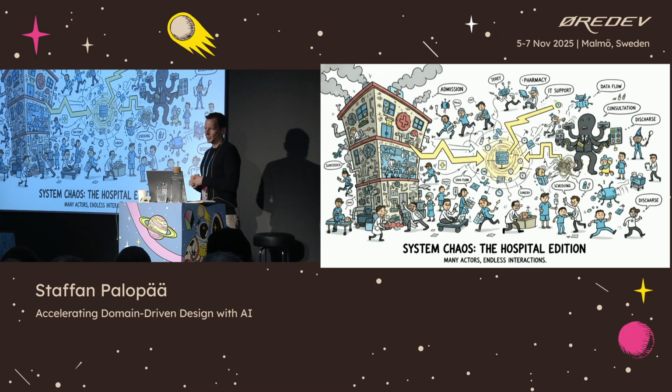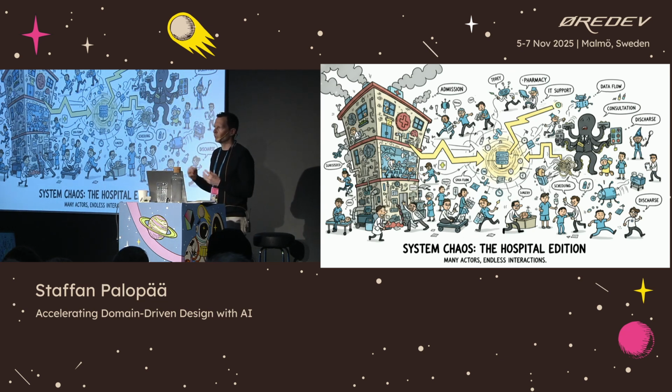Take this hospital, for example. We have many actors, many stakeholders, and they work together to solve some kind of task, some shared goal that they have, like keep this thing running, keep it working. But each actor or stakeholder can have different subtasks in this.